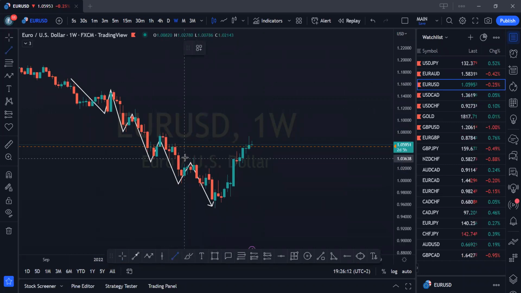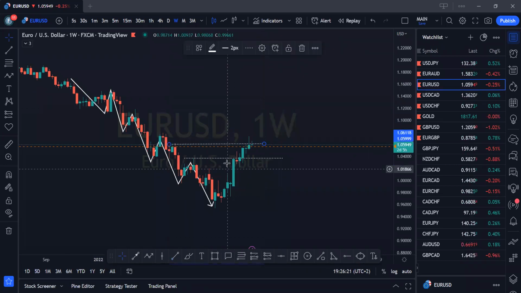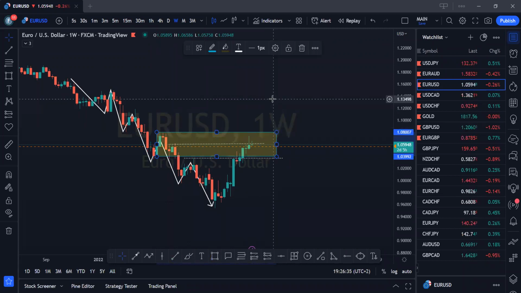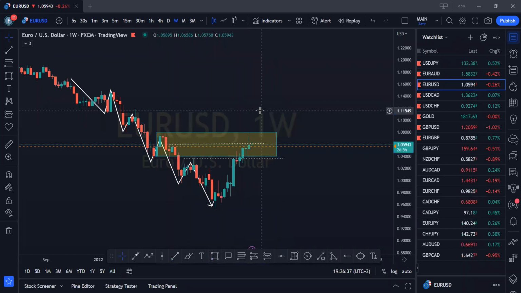So price is breaking structure, is breaking this lower high, is breaking this lower high, okay, and grabbing liquidity along the way. Ultimately, price is reacting to this supply zone. All right. So Euro USD on the weekly time frame is still very much bearish.